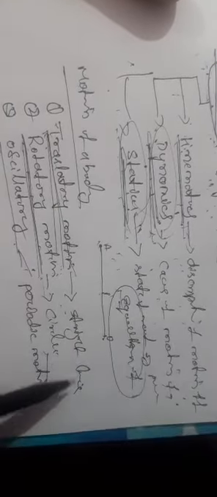Oscillatory motion means the motion along a periodic path, in the presence of a wave, or vibratory motion. These are the three different motions of a body: translatory, rotatory, and oscillatory.